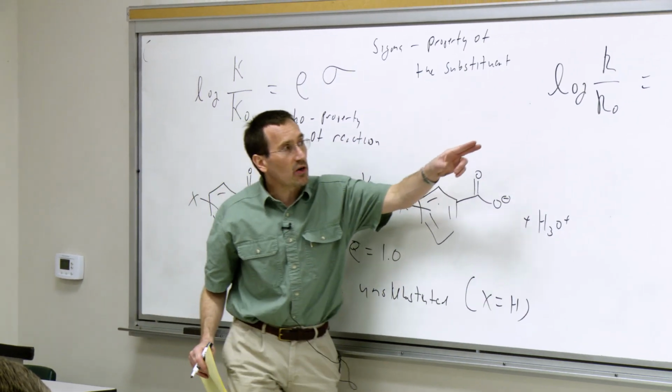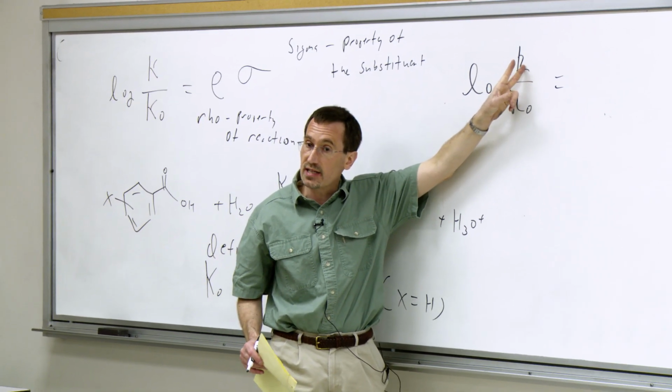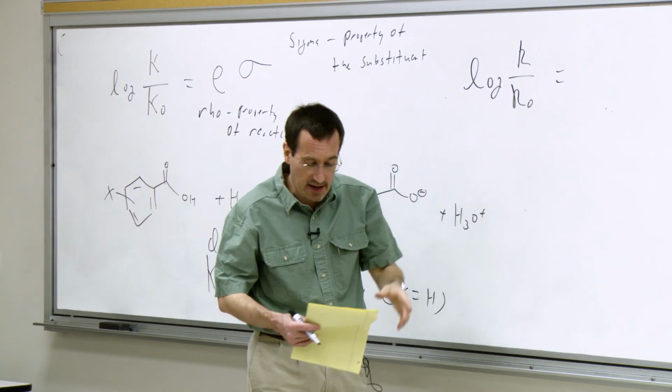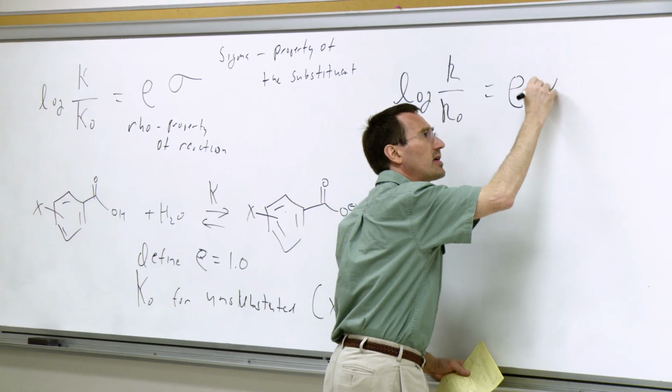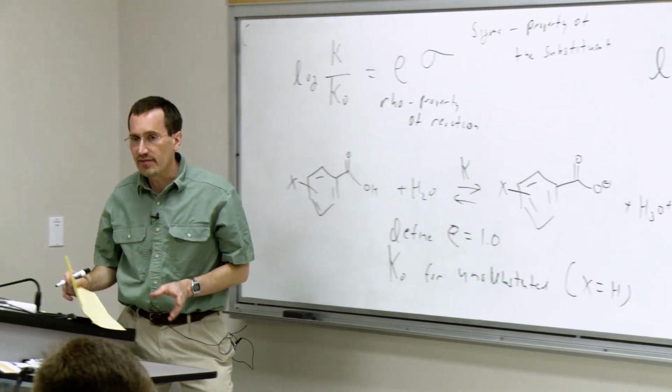And so for the rate equation, again, we can say the effect on some rate with a substituent, para-methoxy, para-nitro, meta-chloro, etc., is going to be rho, some property of that reaction, times sigma, property of the substituent.